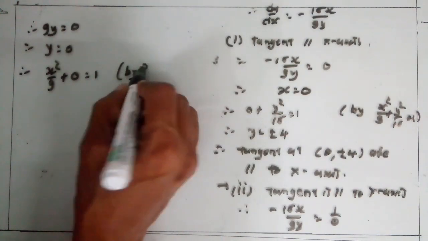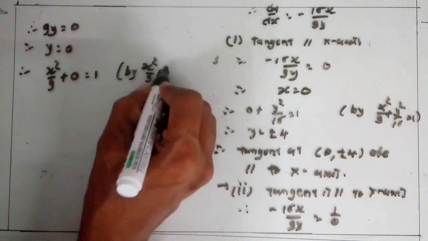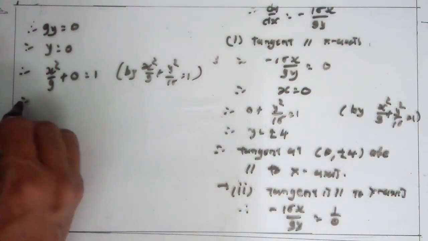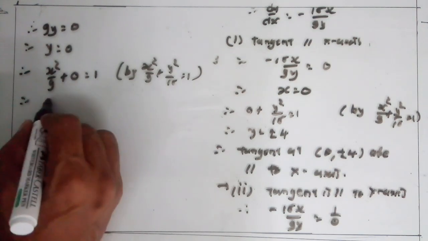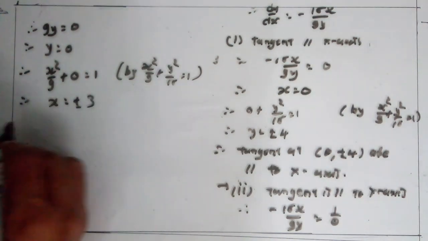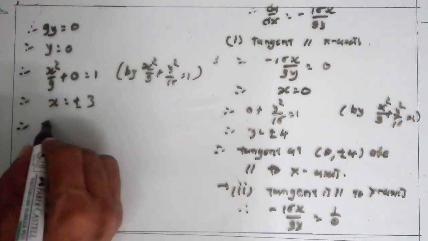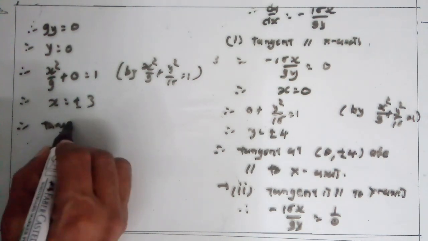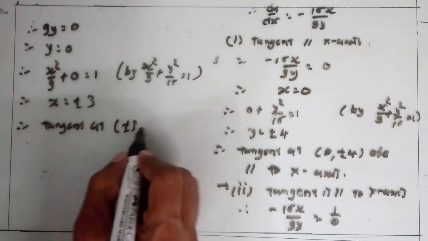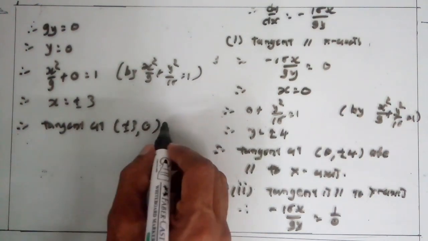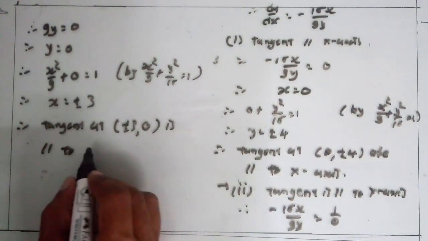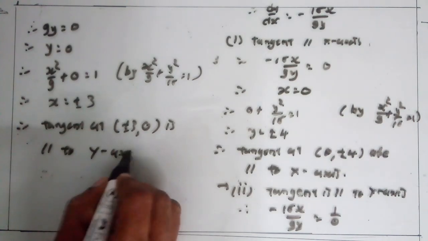x square upon 9 plus y square upon 16 is equal to 1. Therefore, take this side, apply square root on both sides, so we get x is equal to plus or minus 3. Therefore, tangent at plus or minus 3, 0 is parallel to y axis.